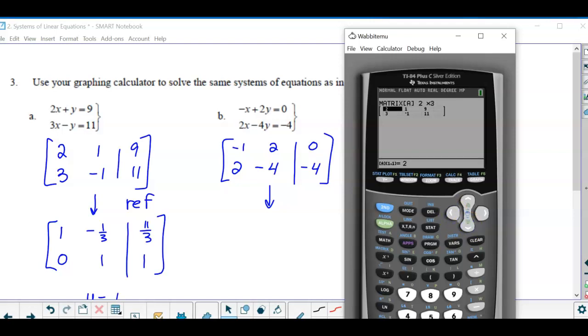Oh, actually, this one and this one, they're similar. Just change those.